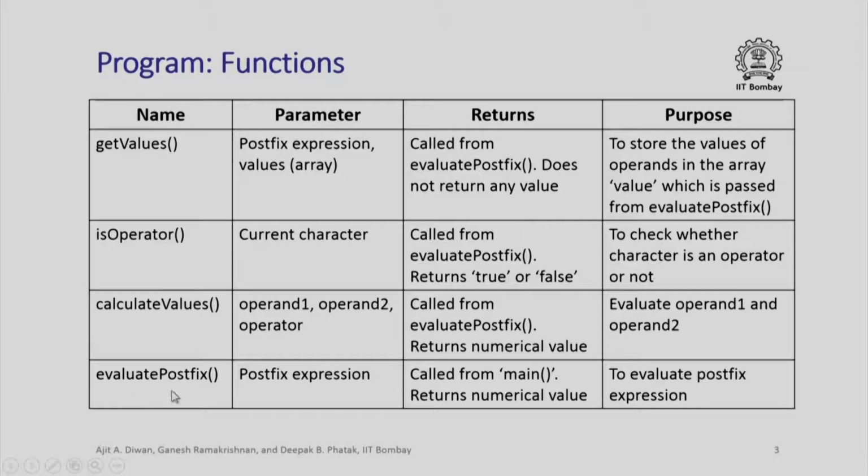Evaluate postfix is the entire postfix operation, and this is the one which is called from the main program, will do all the calculations for the entire expression and return the final value. So, it is a simple set of functions that we will see. Let us look now at the individual functions and the implementation of the entire logic.